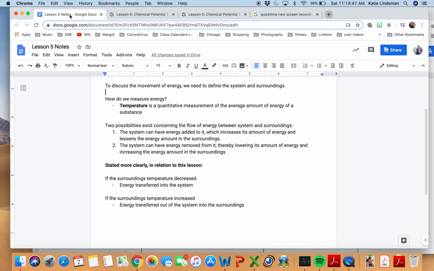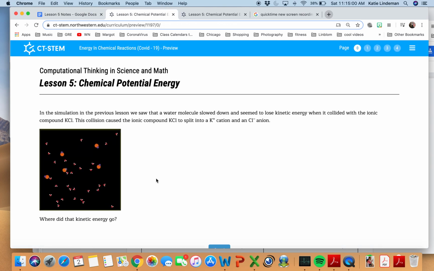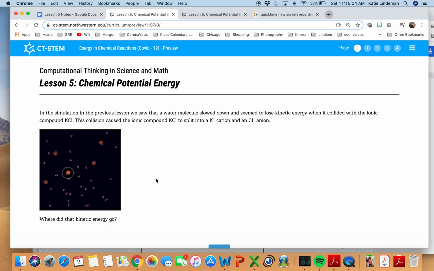So it's important to remember here, and this is in the Lesson 5 notes, that temperature is a quantitative measurement of the average amount of energy within a substance. So when we saw that we had a decrease in temperature, that also means that the molecules literally started moving slower.